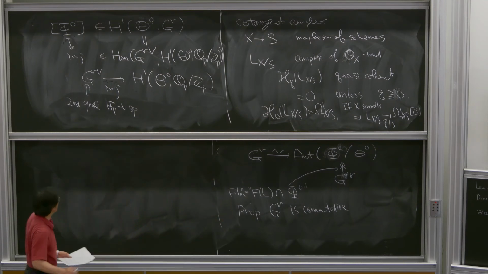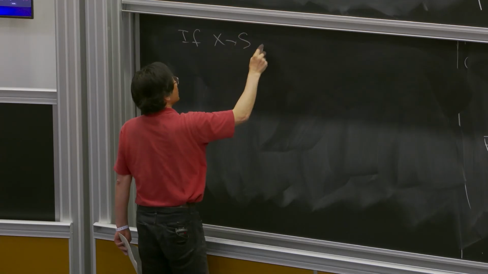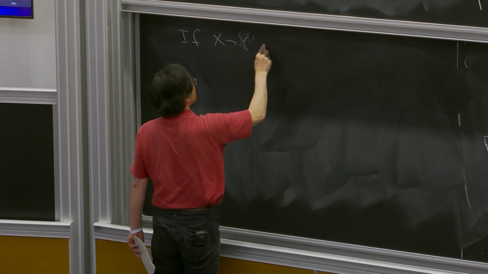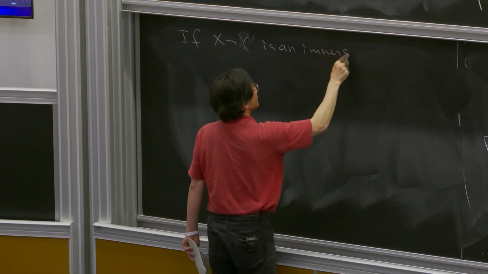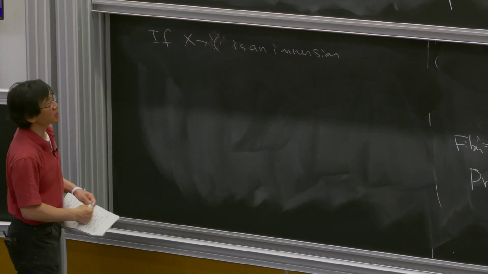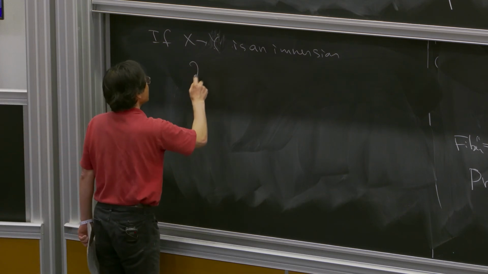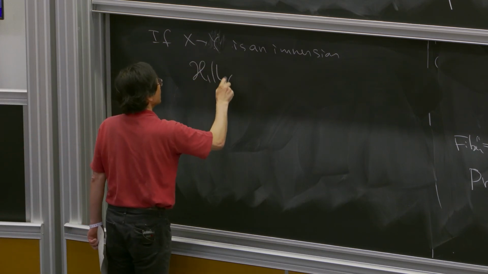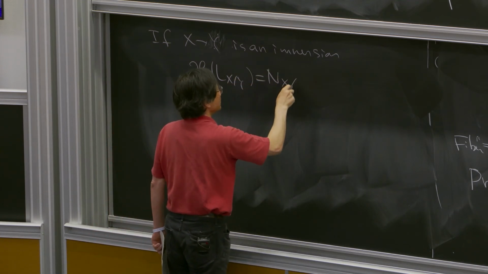And if X to Y is an immersion, in this case omega 1 is 0, so you have to start from the first one. So in this case, H1 is the conormal.